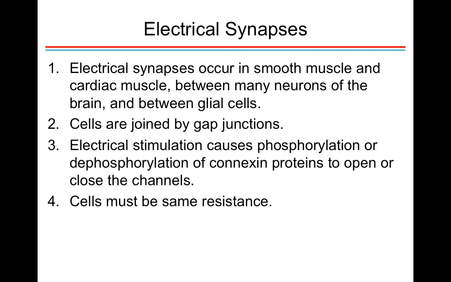But I just want to point out that these gap junctions, which use the connexin protein, really play an important role in the body and allow all the cells in a tissue, for example the heart, to do the same thing at the same time. These cells have to have the same resistance to share electrical stimulation.